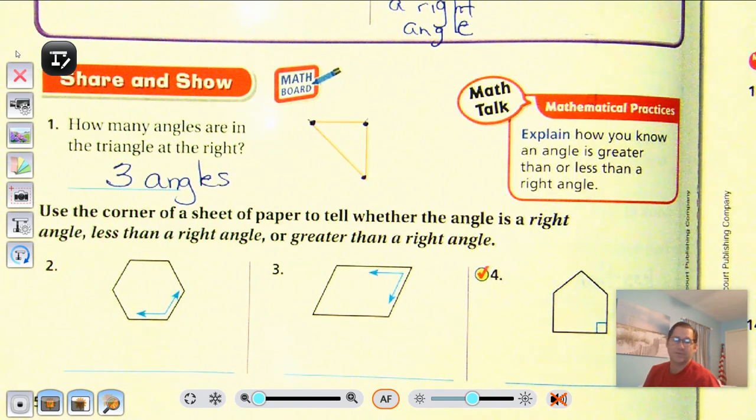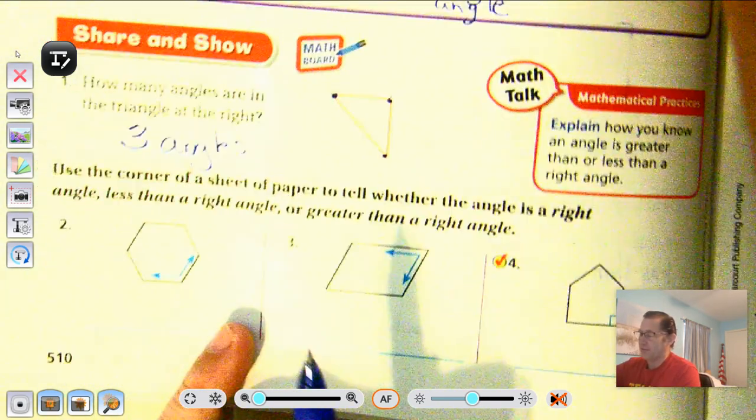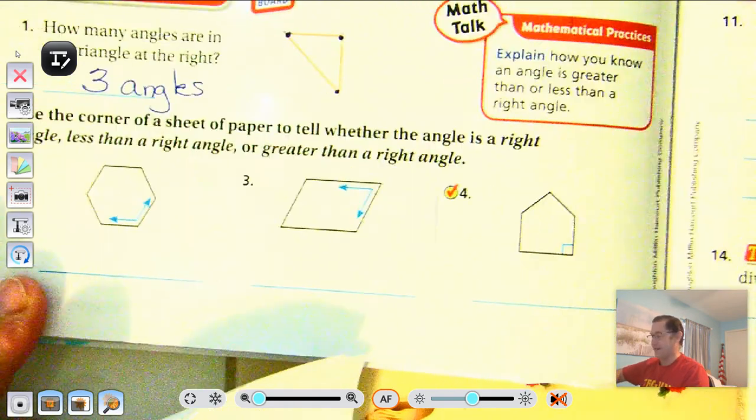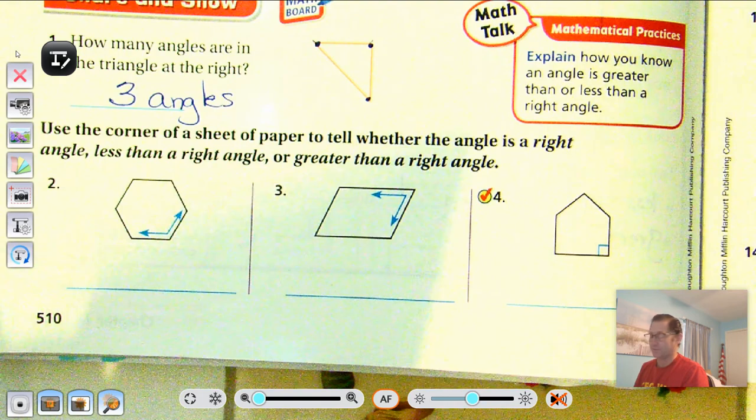All right, number two, use a corner of a sheet of paper to tell whether the angle is a right angle, less than a right angle, or greater than a right angle. Okay. And over time, you'll get good at just looking at the angles and pretty much identifying whether they're greater than, less than, or exactly right angles.